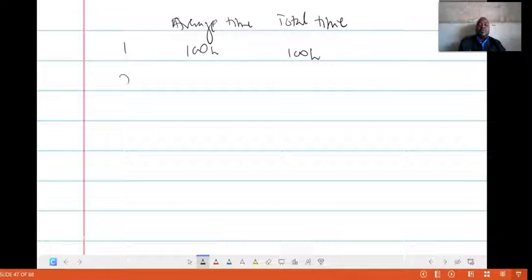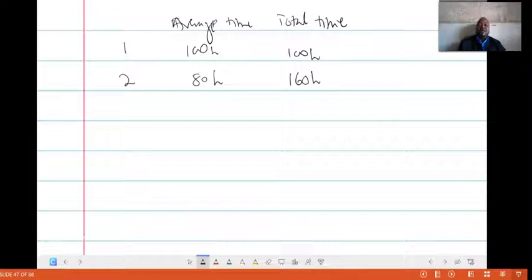But when the production doubles, the average time per unit to produce those 2 units was 80 hours, so the total becomes 160 hours.